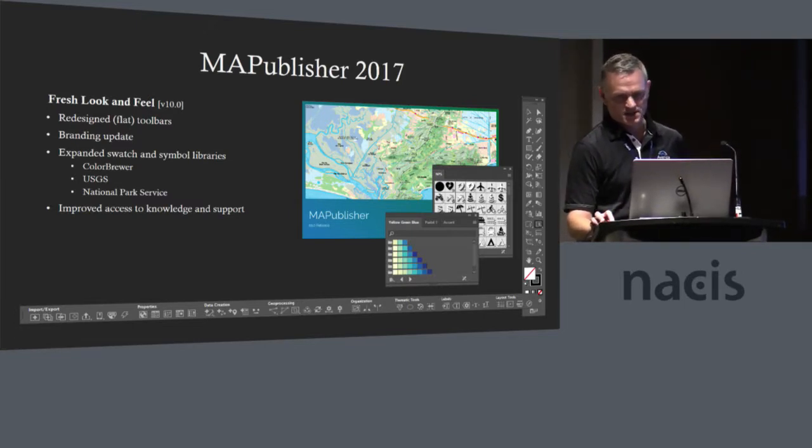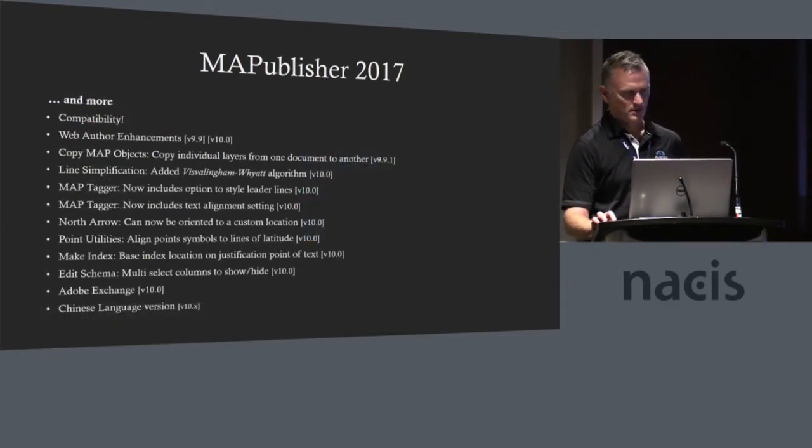Again, thanks to the NPS guys, we've got their symbology now included and also USGS symbols. There's more direct access from the program to our knowledge base, forum, online training videos, and most importantly, our customer services team.